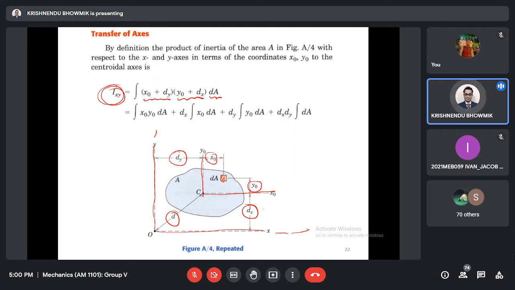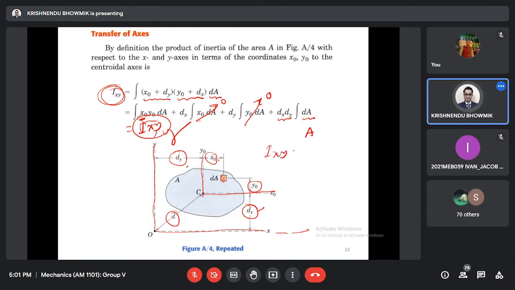So x is x0 plus dy, y is y0 plus dx. Now simply multiply this. So this is nothing but IXY centroid, or IXY CG, and this term is 0 by definition. This is also by definition 0.